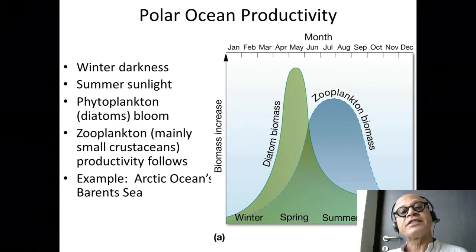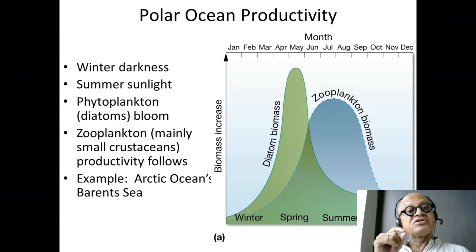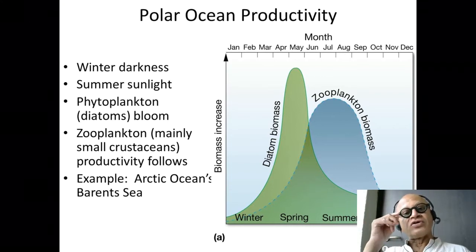So let's first look at the productivity of the ocean in different regions. Again, you'll have to combine your knowledge of the circulation and light availability with the seasons, right? Remember, the sun is moving north to the Tropic of Cancer in the northern summer and back down to the Tropic of Capricorn in the northern winter.